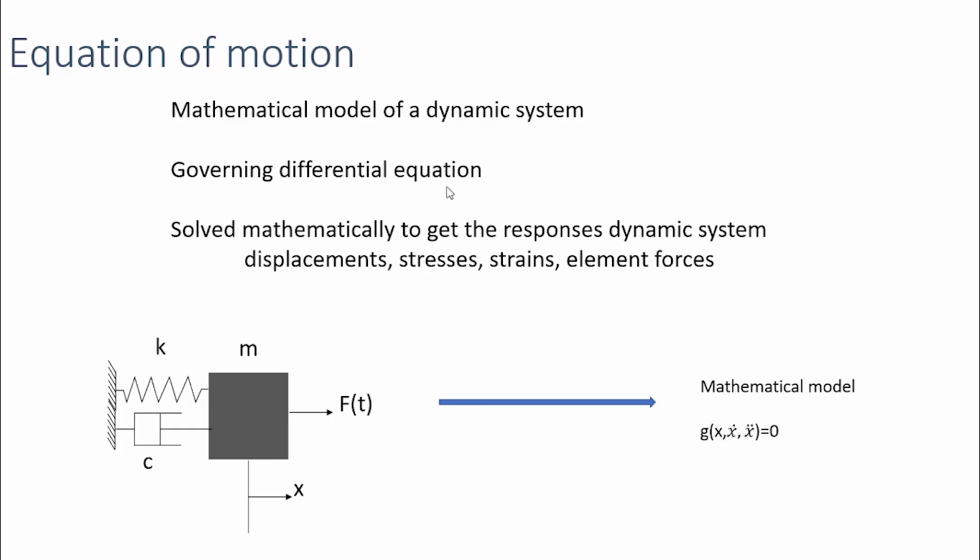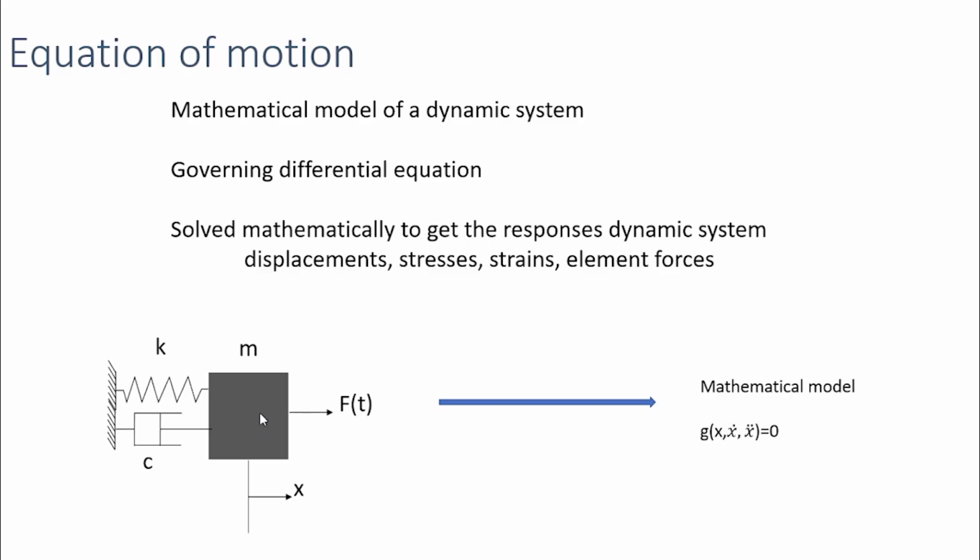So it's a governing differential equation, and we can solve this equation and get the responses of the dynamic system like displacement, stresses, strains, etc. So if you have a single degree of freedom system like this, this is a mechanical model. So we have identified the elements of a dynamic system: mass, stiffness, and damping. And we know that the system is interacting like this. Each element is interacting in a way described by this diagram.